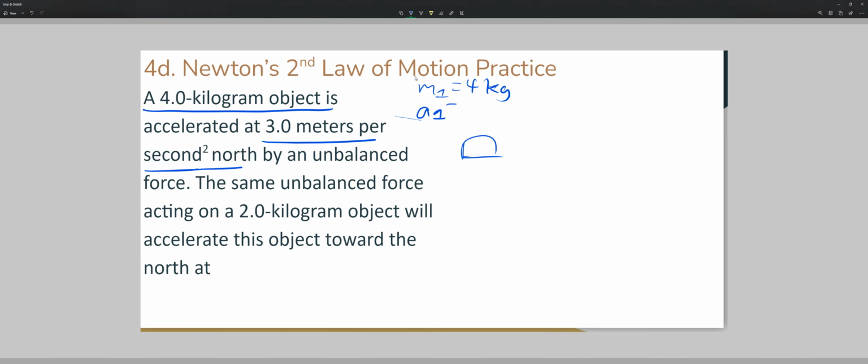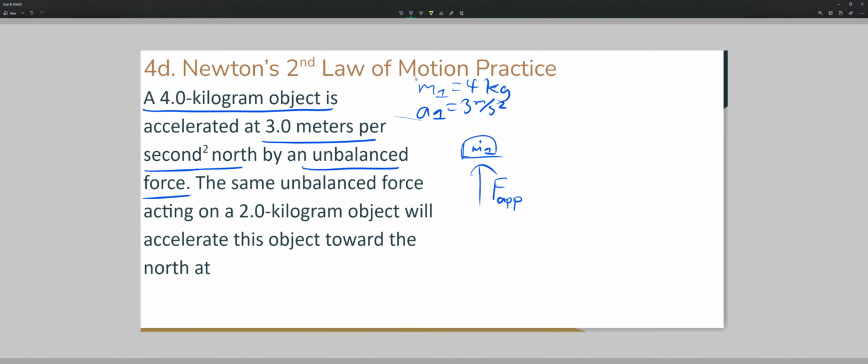So the acceleration of object 1 is 3 meters per second squared by an unbalanced force. So you have a force being applied, this unbalanced force, and it's being applied on mass 1.